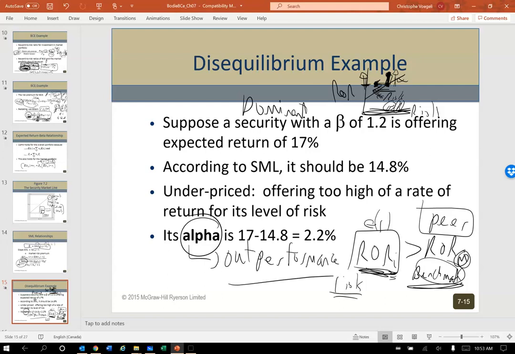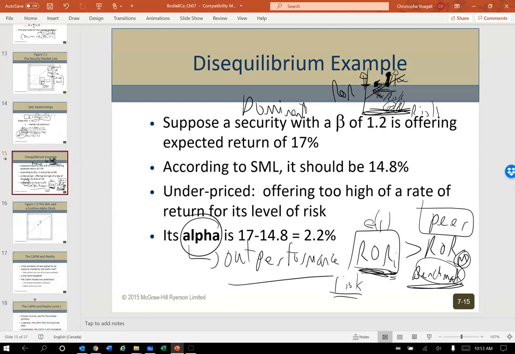So we'll go through an example in a moment where a security with a beta of 1.2 is supposed to produce an expected return of 17 points. But the security market line, given the amount of beta it has, is supposed to only do 14.8.